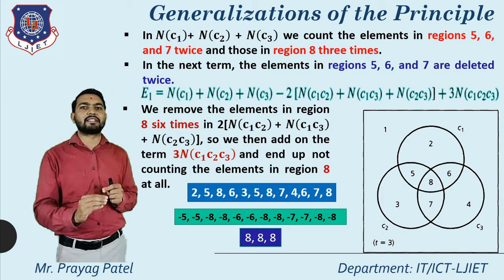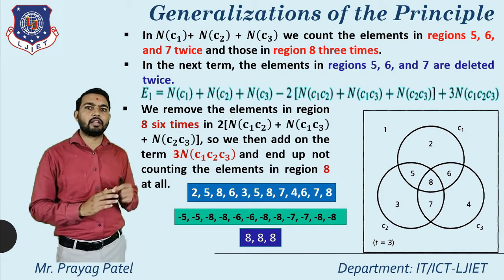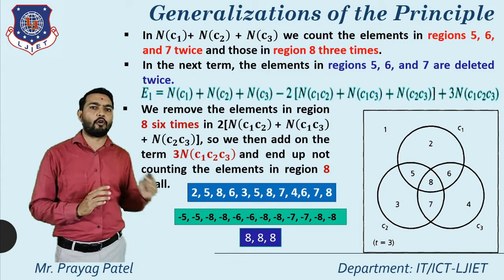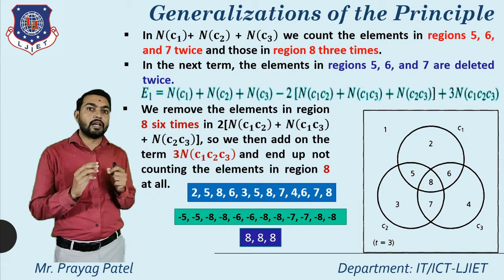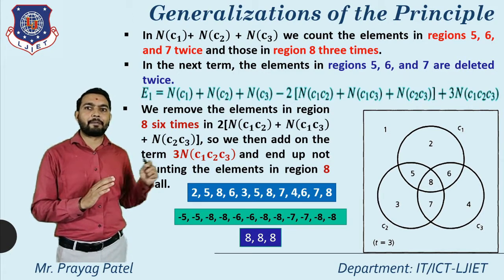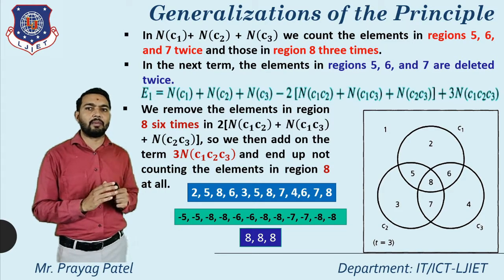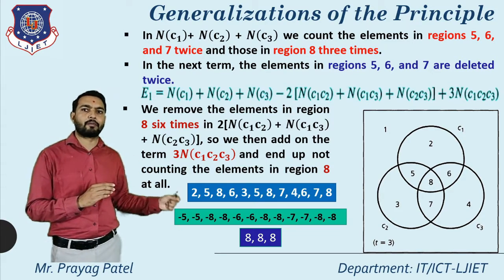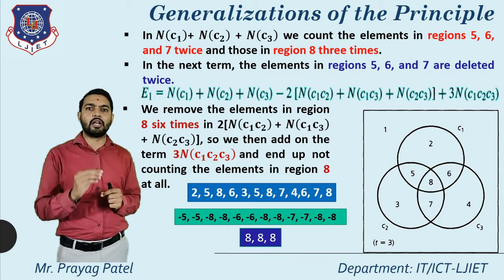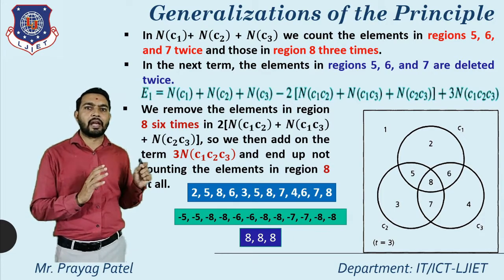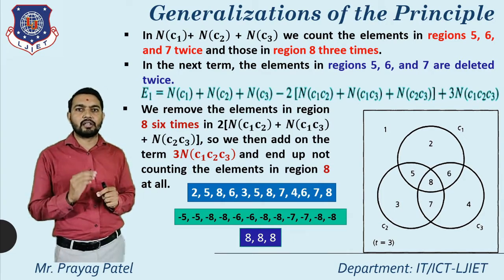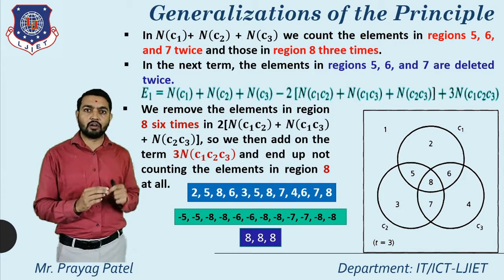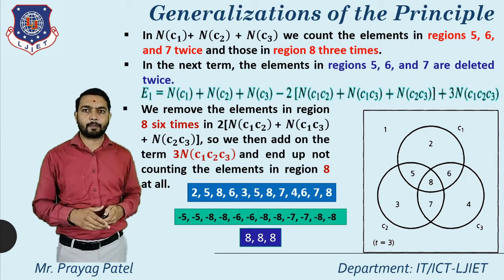Only one condition is satisfied. Then the result is 2, 3 and 4, because only these three elements remain. After subtracting, with all the addition and subtraction operations performed, we get only the elements 2, 3 and 4, and it is called only one condition is satisfied. So only C1 or only C2 or only C3.